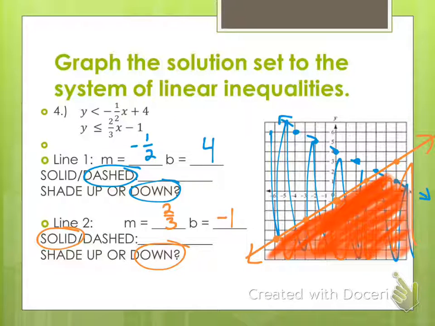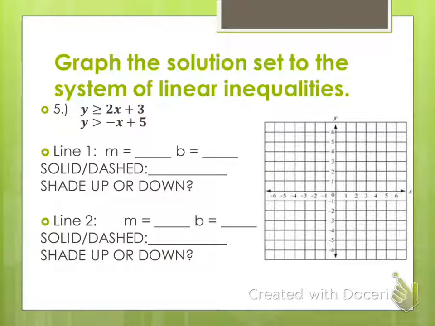All right, let's see if we can get through 5 real quick. We need M and B, May. 2 and 3. 2/1 and 3. So we go to a +3. We can go up 2, right 1 or down 2, left 1.